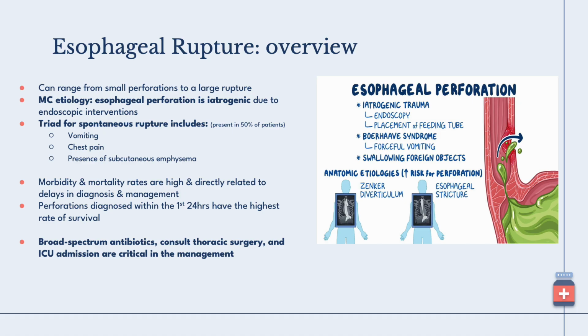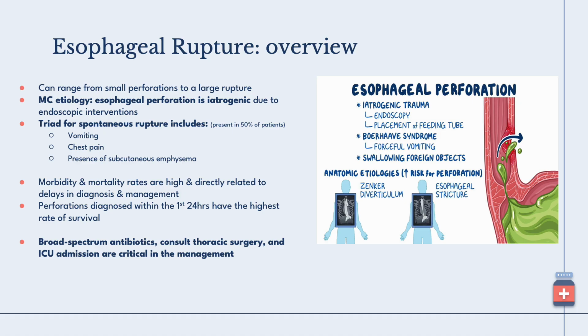Most common etiology is going to be iatrogenic, and it tends to be due to endoscopic interventions. So there's a triad for spontaneous rupture, and it will be present in about 50% of the patients: vomiting, chest pain, and the presence of sub-Q emphysema, sub-Q air.